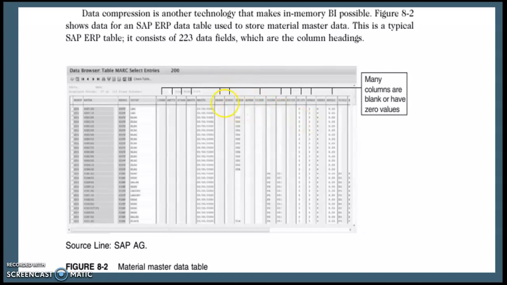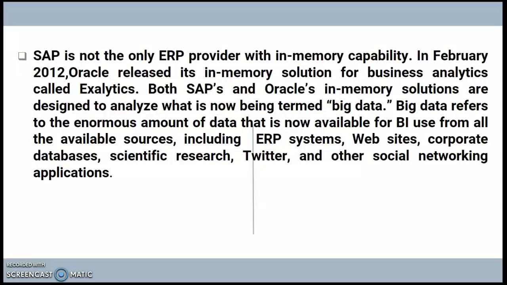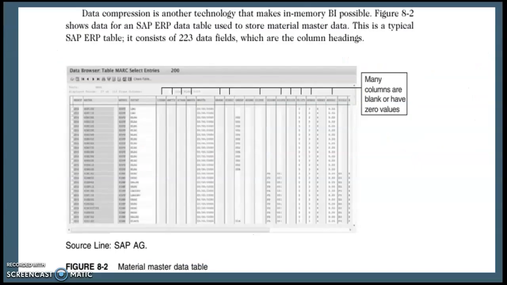The time required to access data from memory is a small fraction of the time required to access data from the hard disk. The primary performance measure for a data storage system is latency, which is the time between when a request is made for data from a storage device and when the data is delivered. Data compression is another technology that makes in-memory BI possible.